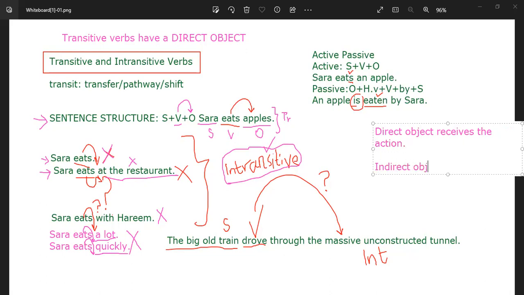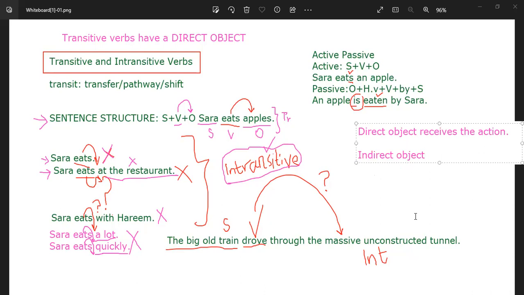Indirect object, actually just do not define indirect object because it has so many definitions. It's only going to confuse you. I'm going to make a separate video on it, on subject, verb, and object. Then I'm going to explain it, because if we delve into that right now, that's going to make our lecture very complicated. So let's not delve into that. You only need to remember that a direct object is the object that receives the action.